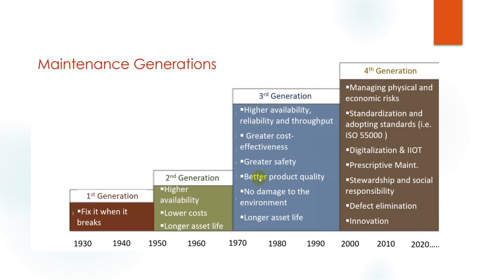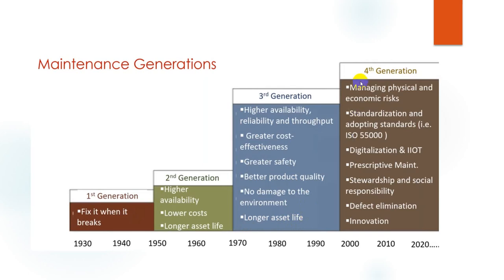Better product quality: we start to talk about the quality of the product and the effect of maintenance on this quality. We start to talk about the environment and emissions, like in a gas turbine, we talk about NOx and SOx, the emissions coming out from this turbine or from this equipment in general. Longer asset life: we start considering the asset life and the cost of this investment, how we use this investment as much as we can in the most effective way.